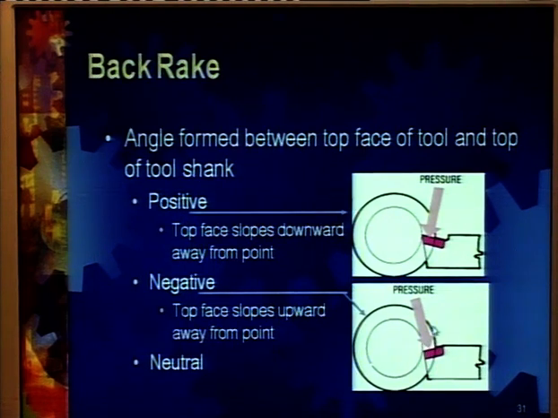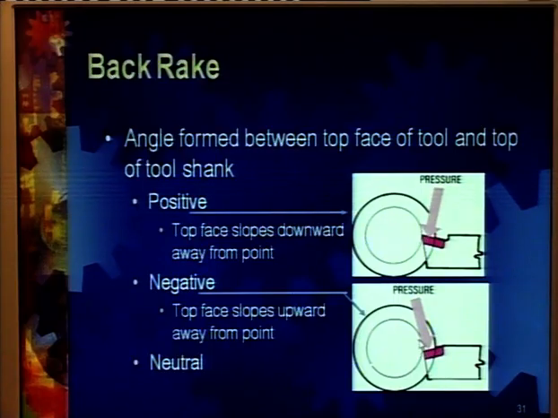And it is negative, as has been shown over here, if the top face is sloped upward away from the point. In this case we can see that the direction of force has been changed in such a way that the pressure is going onto the shank.